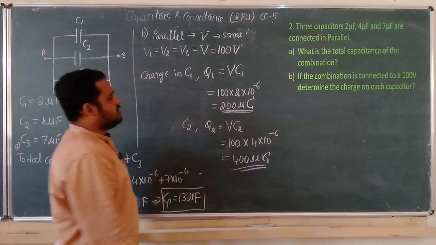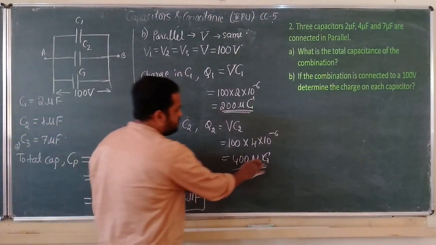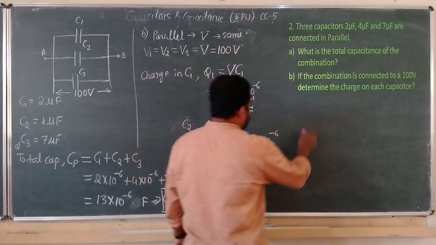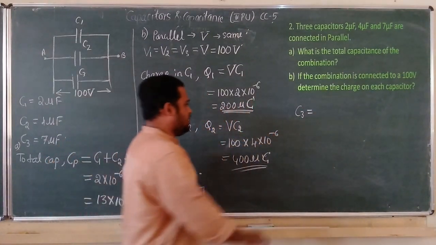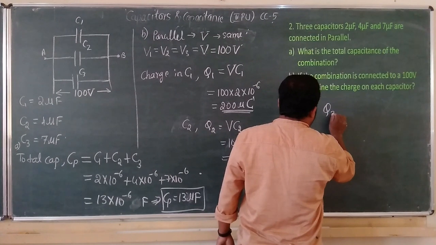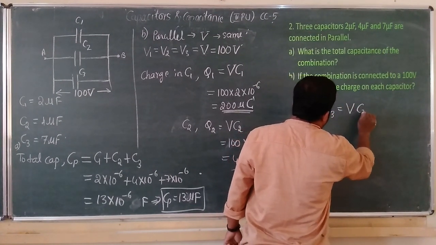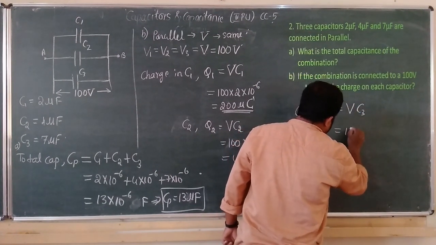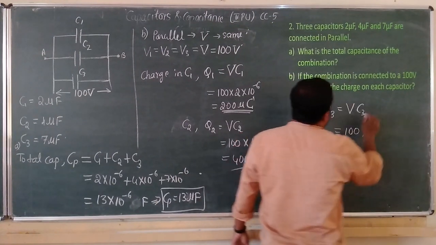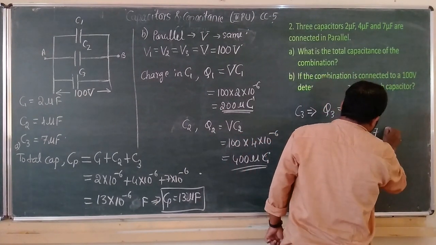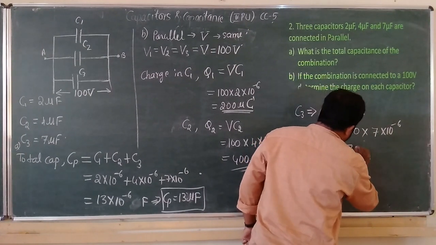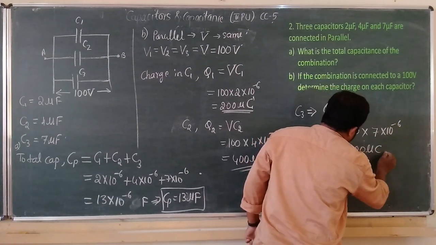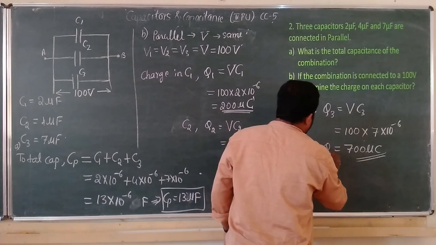Last one, the charge stored in the third capacitor C3, Q3 is equal to V into C3, that is 100 into 7 microfarad, 7 into 10 power minus 6, which is equal to 700 microcoulomb. That is the value of Q3.